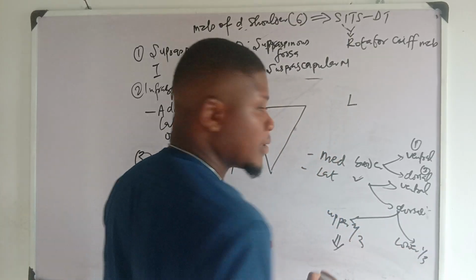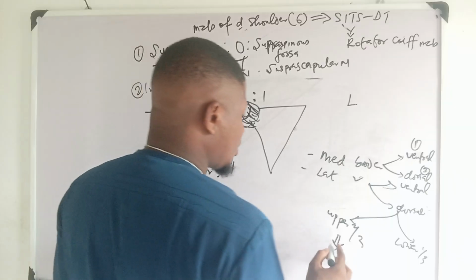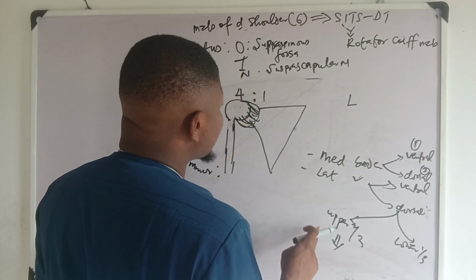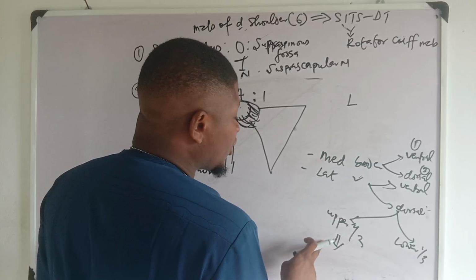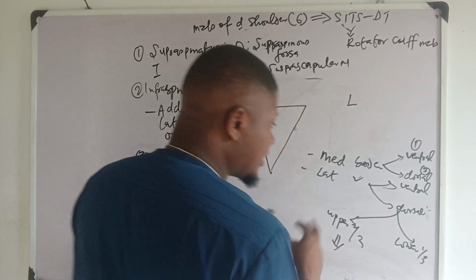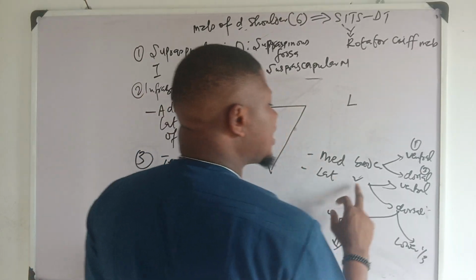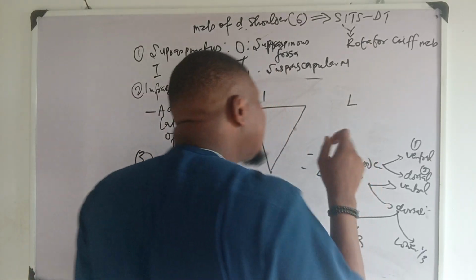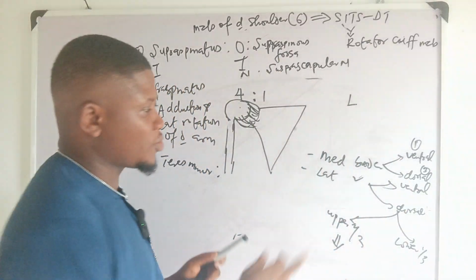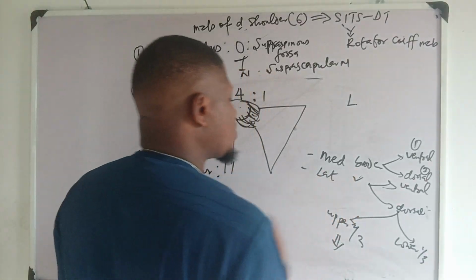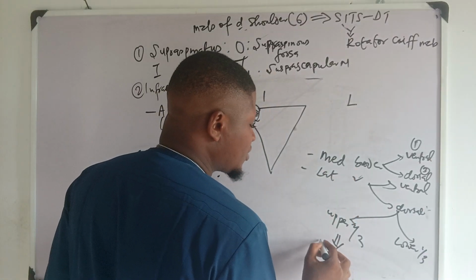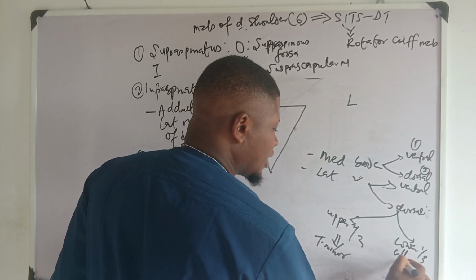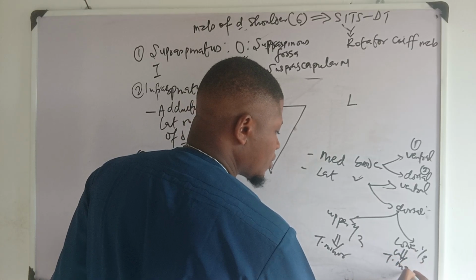Another difference here is that the lateral border gives origin to muscles, while the medial border gives insertion to muscles. So upper two-thirds gives origin to teres minor, while lower one-third gives origin to teres major.